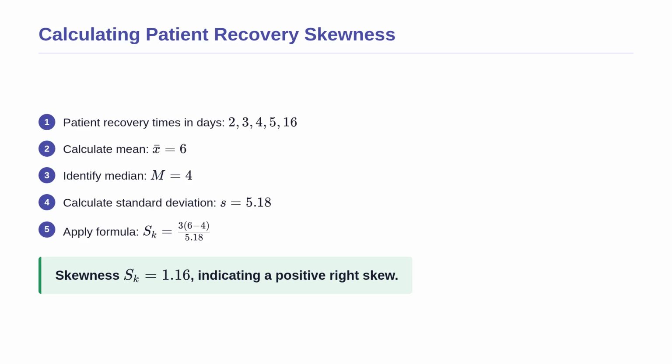Notice the mean is already larger than the median. Next, we calculate the standard deviation, which comes out to approximately 5.18 days. Finally, we plug these into Pearson's formula: 3 times the difference of 6 and 4, divided by 5.18. Our final answer is 1.16. Physically, this positive number confirms our data is right skewed, pulled by that one unusually long 16-day recovery.